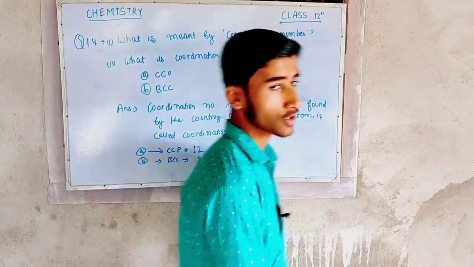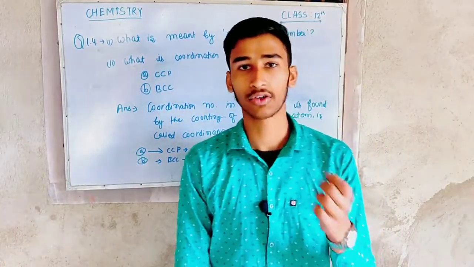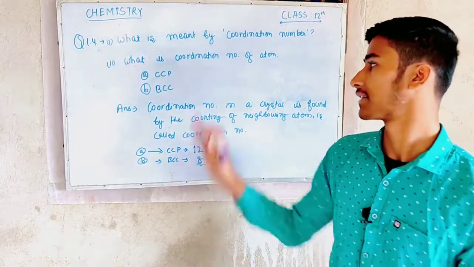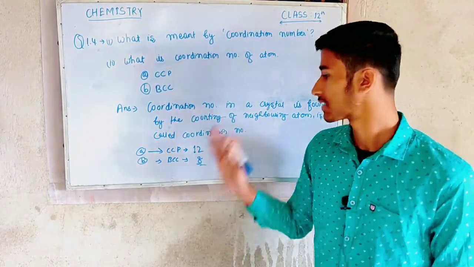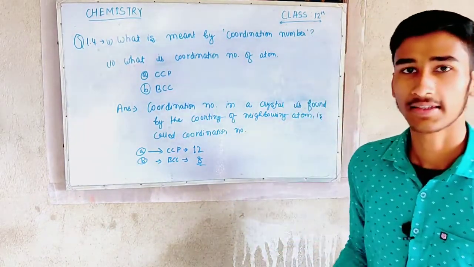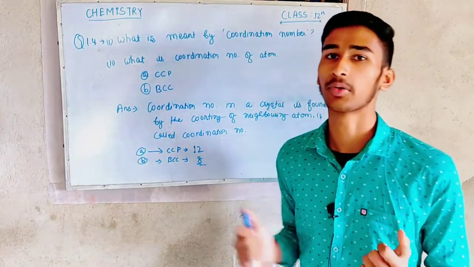So this is the answer to your text question, what do you mean by the coordination number, and I hope you understand. The coordination number of CCP is 12, and of BCC is 8. So yes, definitely you have to remember it.